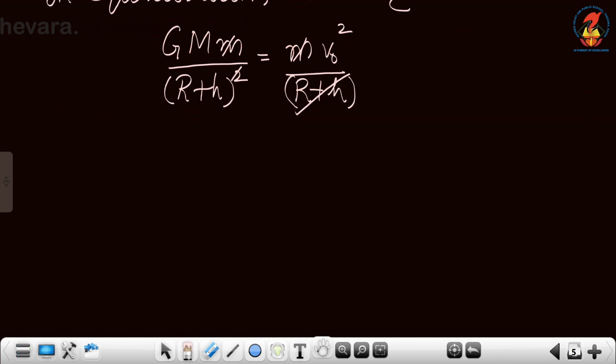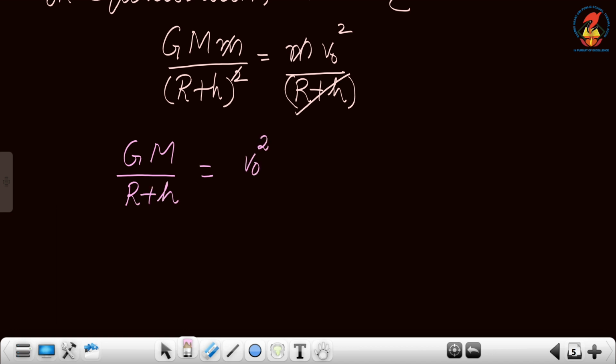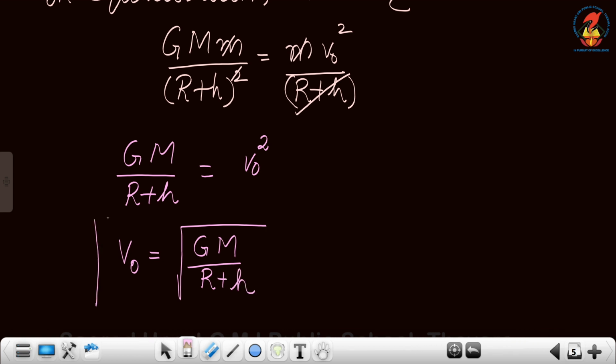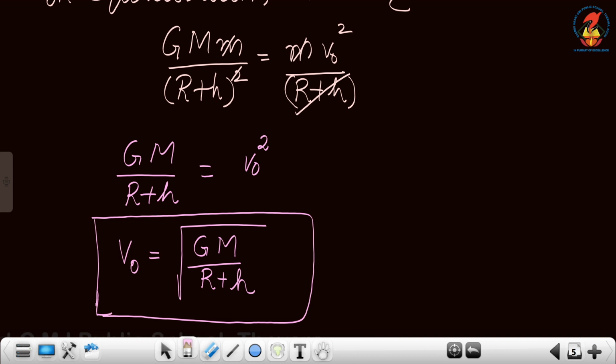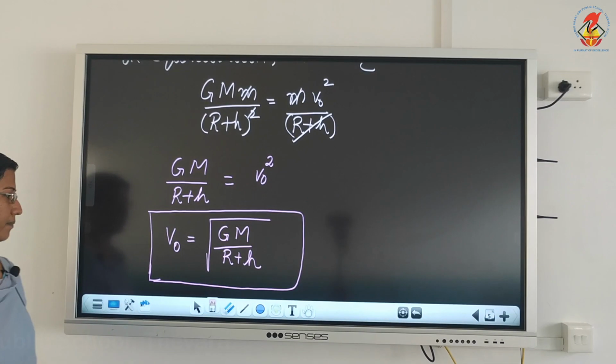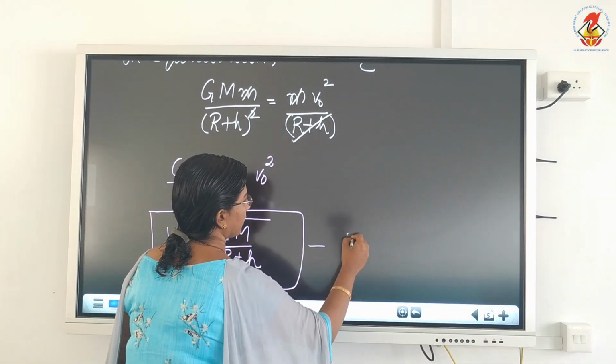We get G M divided by r plus h is equal to v0 square, so v0 is equal to root of G M divided by r plus h. This is one of the equations to find the orbital velocity of the satellite. We'll call it equation 3.